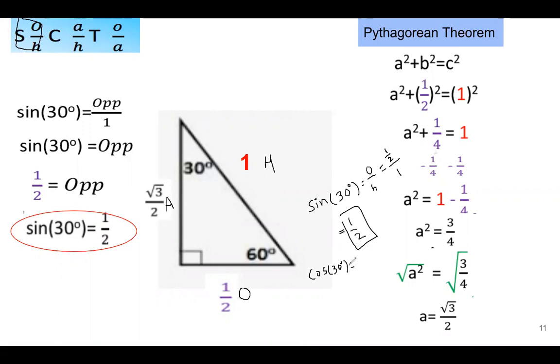Cosine of 30 is equal to, that's right here, A over H, adjacent over hypotenuse. So that's going to be the square root of 3 over 2 divided by 1, or simply just the square root of 3 over 2.